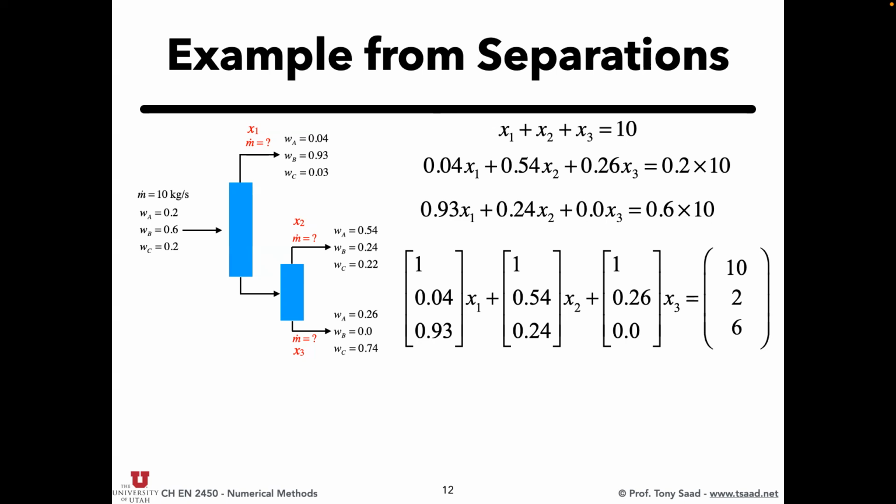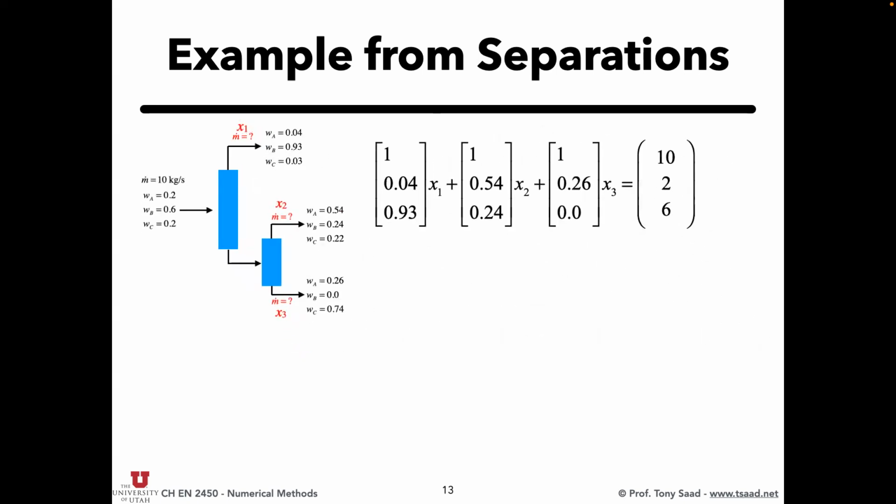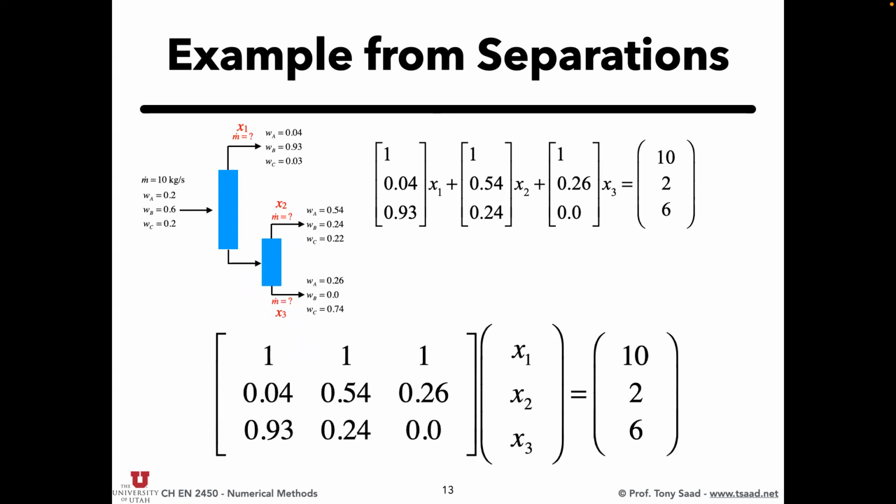I want to take this one more step. My objective here is to get it into a form that is cleaner. These are just vectors multiplying these scalars x1, x2, x3. Now I want to combine x1, x2, x3 into a vector of their own. So if I write x1, x2, x3 as a column vector, then these other vectors, 1, 0.04, 0.93, they combine into a matrix.